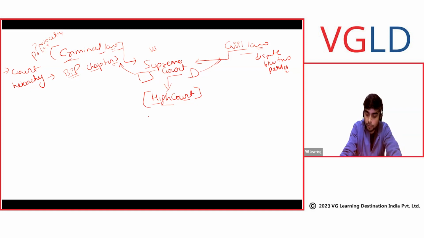I think the Court of Appeal would also come, so let's take the Court of Appeal and High Court. Here we would have the Crown Court and the Court of Appeal, Civil Division, and then we have the High Court. Just a second, let me cross-check it.